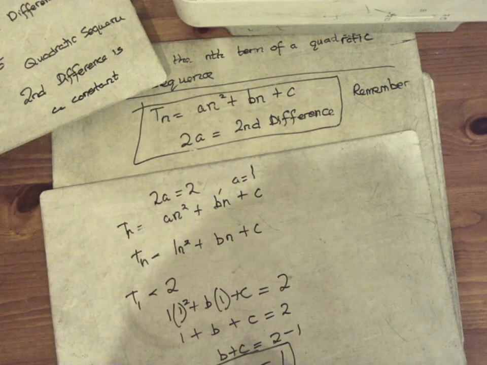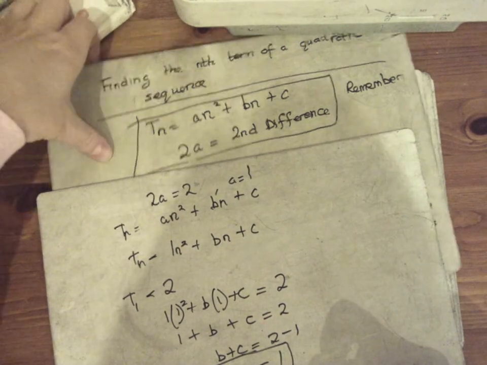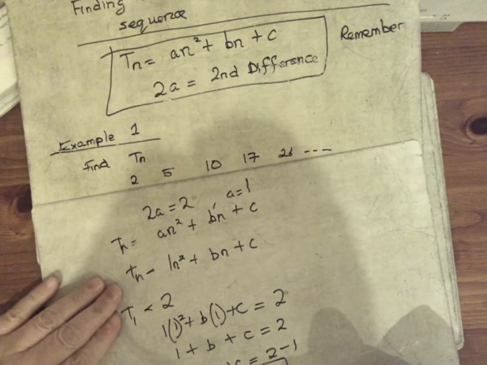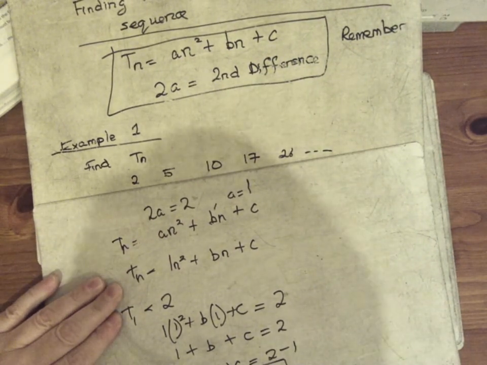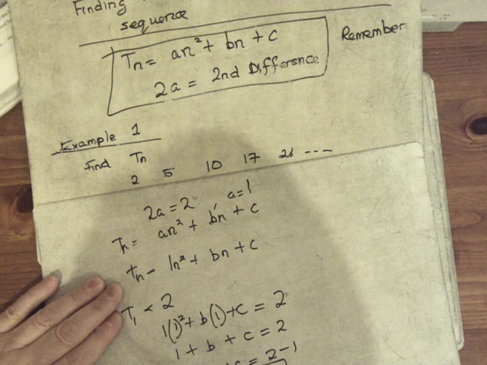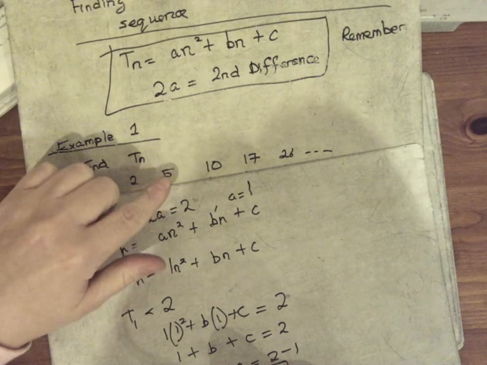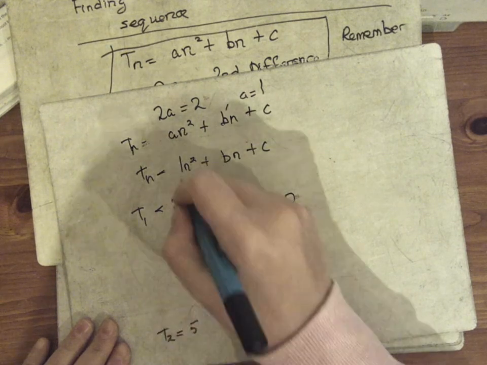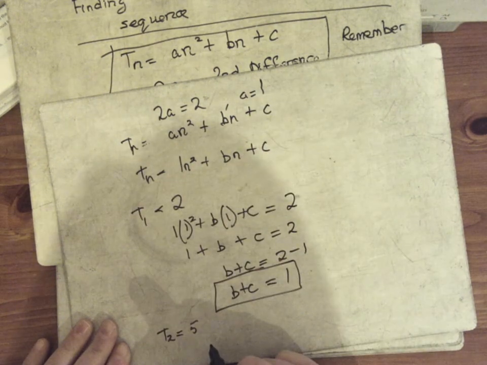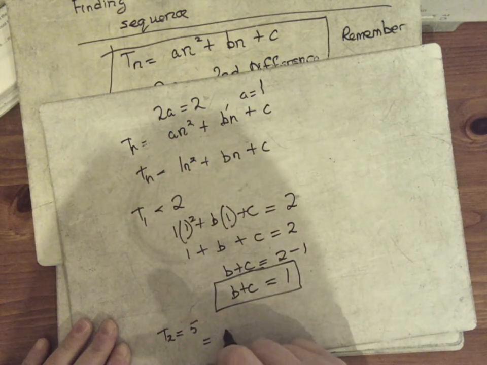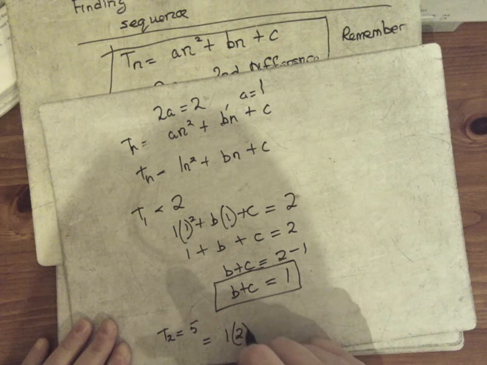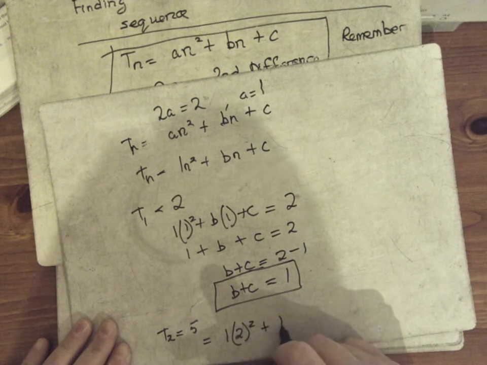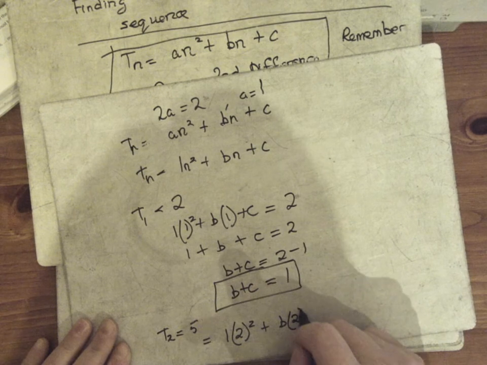Okay, then you go back up again and you look at term number 2. So term number 2 is 5. So into this general term, everywhere I see an n I put in a 2 because it's term number 2. And when I work it all out, I know it's going to work out to be 5.